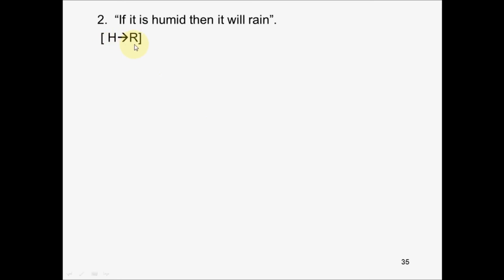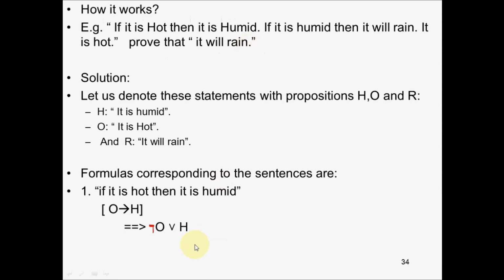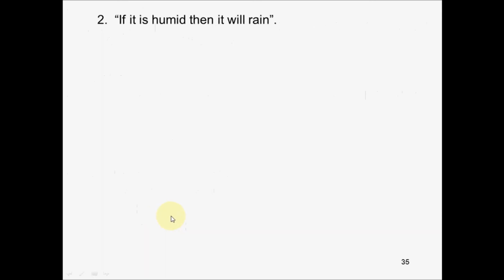Now again this is not in CNF, so the implication can be eliminated by writing not H or R. Now is this a clausal form? Yes. So this sentence is added to the knowledge base, and not the implication. The clausal form sentences, or the clauses, are what will be added to the knowledge base.